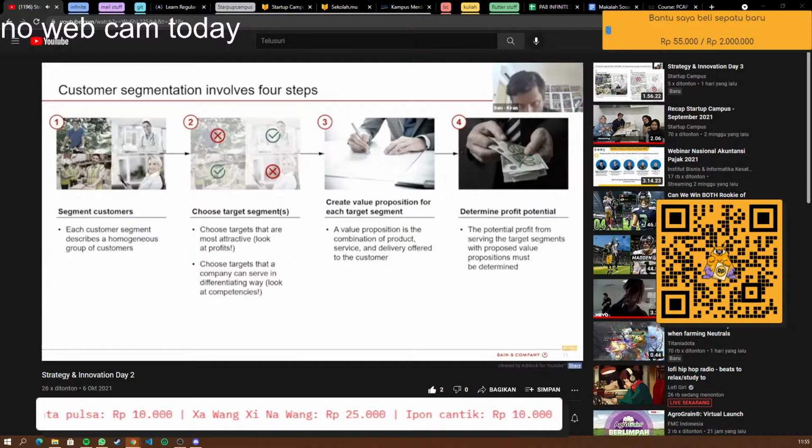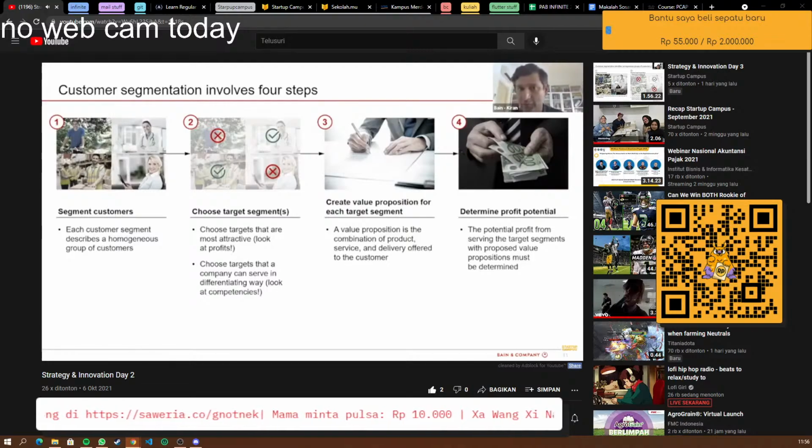2 is, and we will share a framework on how you choose your segments. The most common mistake that we have seen with companies is that they try and address all segments without thinking about whether that segment is attractive, without thinking about whether the company has the ability to serve that customer.